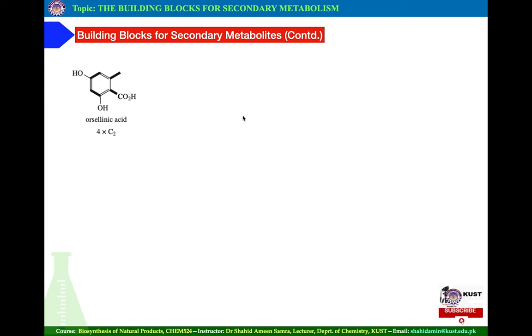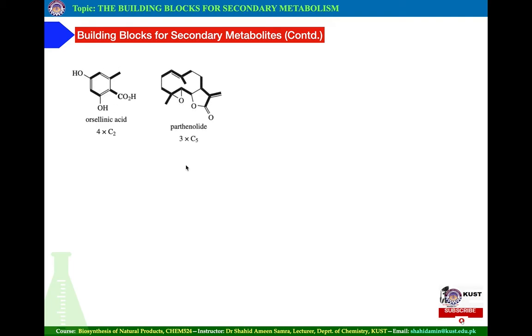Now look at some real examples where we can identify different building blocks in the structures of these molecules, like orsellinic acid, that is a phenolic compound, and it contains 4 C2 units. These units are highlighted here as these bold lines. So 1, 2, 3, and 4 units are here.